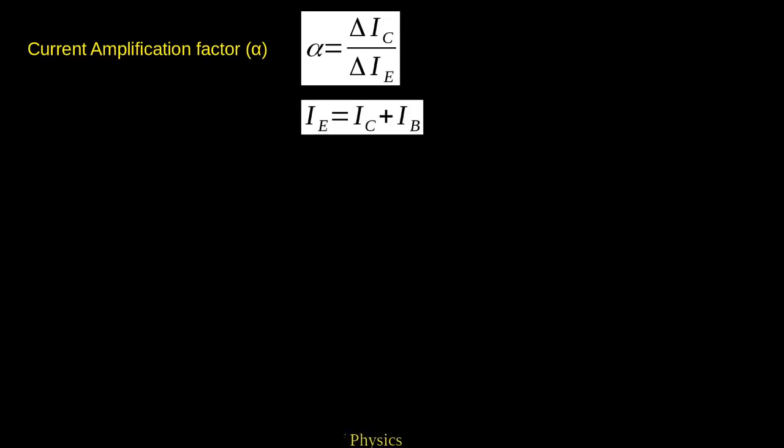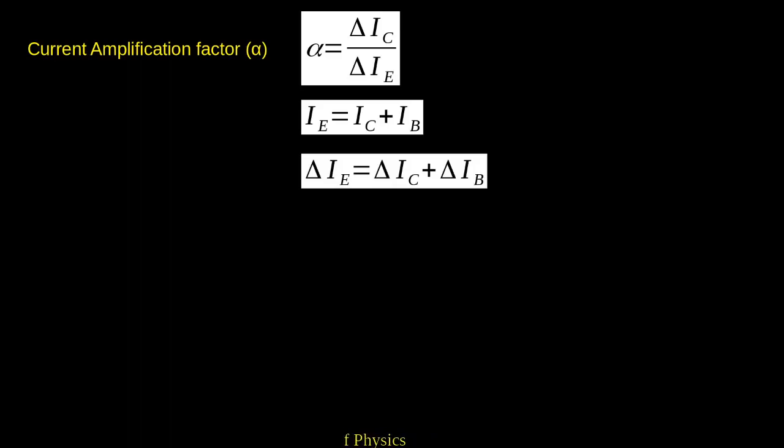Now if there is a change in emitter current and change in collector current, what about the IB? Here we are taking the change across the emitter current, collector current and base current. So we write delta IE is equal to delta IC plus delta IB. Now divide the change in current throughout the equation.